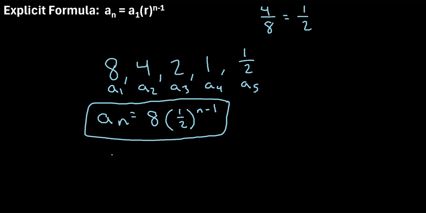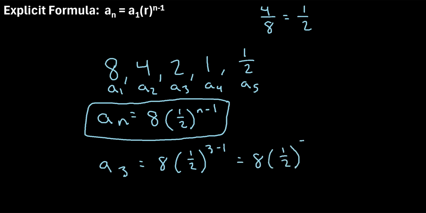And to verify that we got the right answer, let's just pick a value for n. So let's pick 3. So we'll say a sub 3 is equal to 8 times 1/2. And we're going to plug in a 3 for n right here. So 3 minus 1, that's 2. So we get 8 times 1/2 to the power of 2. 1/2 to the power of 2, remember we can think of that as 1/2 times 1/2.